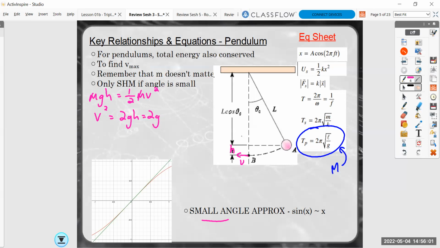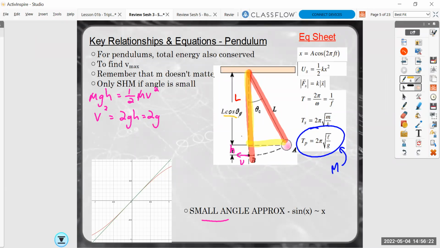Well, if we look, our total string has a length of L, but this part of it, if we look at our right triangle, is a distance L cosine theta.